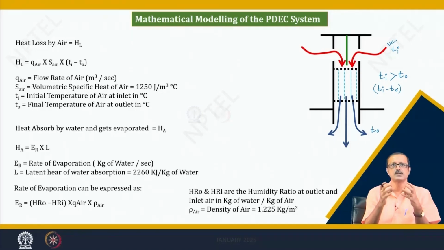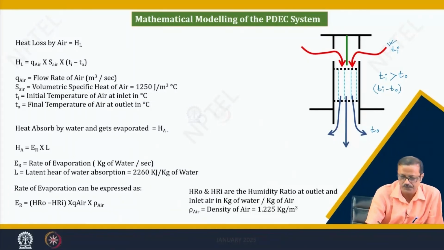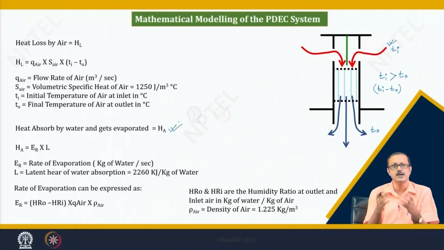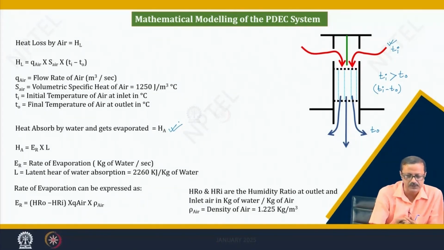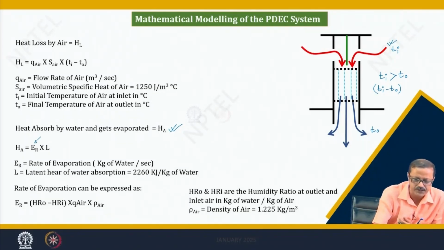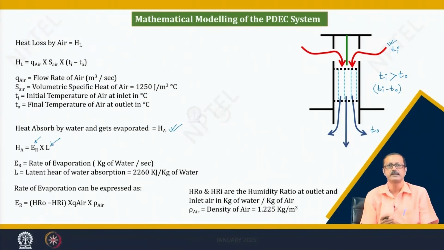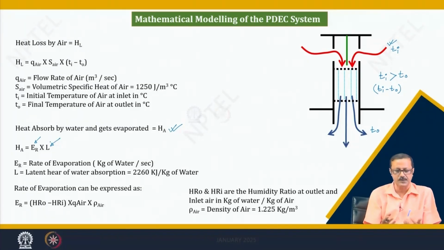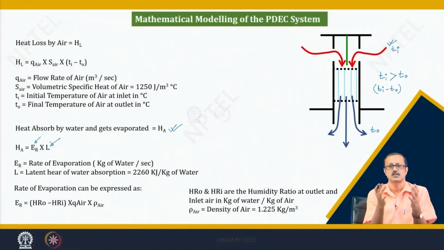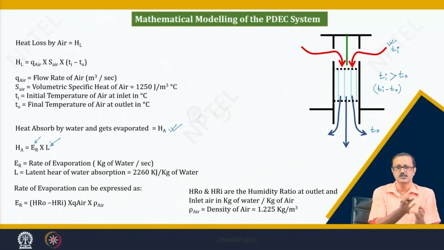Now, the heat lost by the air must have been absorbed by somebody. Who has absorbed it? The heat is absorbed by the water. So, the heat absorbed HA by the water is nothing but EA, the rate of evaporation multiplied by the latent heat of absorption. The rate of evaporation is how much water, which was in a liquid state, becomes vapor after 1 second.